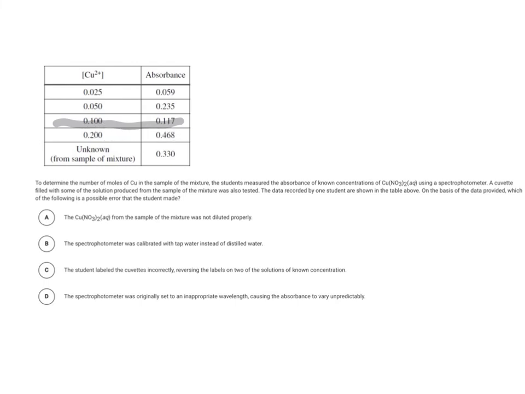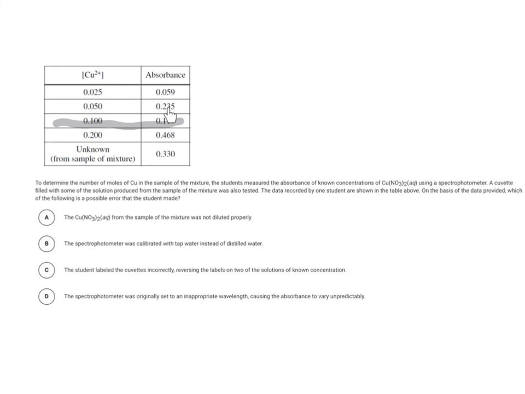We'll see if there's a different answer in here that could possibly explain why the absorbance jumps around here even though the concentration increases steadily. The spectrophotometer was calibrated with tap water instead of distilled water. Now that would definitely throw off your absorbance data, especially if you're trying to figure out what the unknown sample concentration is. But you're not worried about what the unknown sample concentration is necessarily.